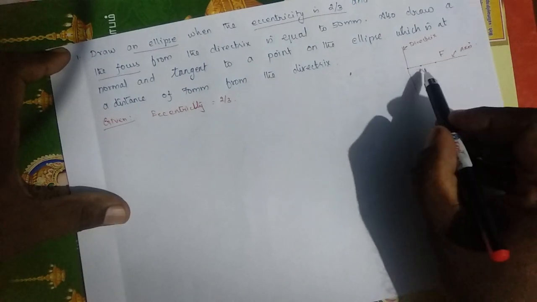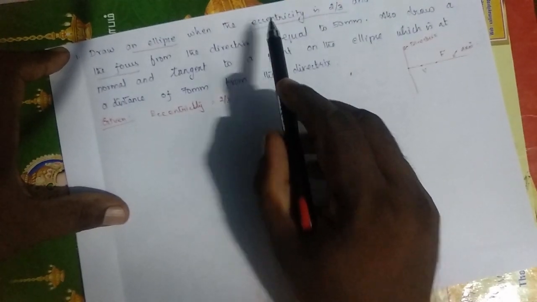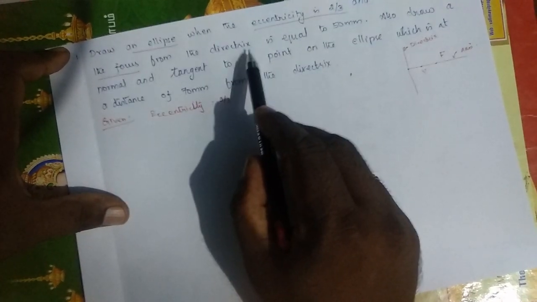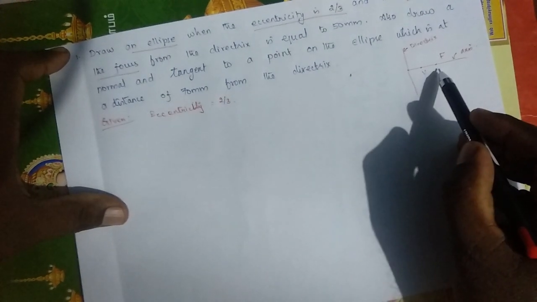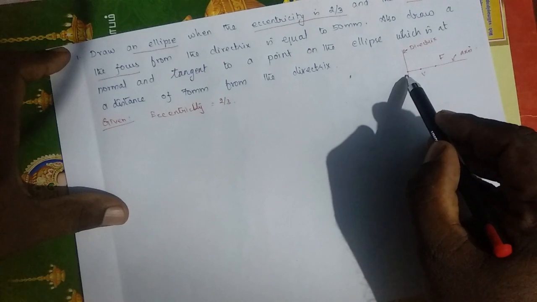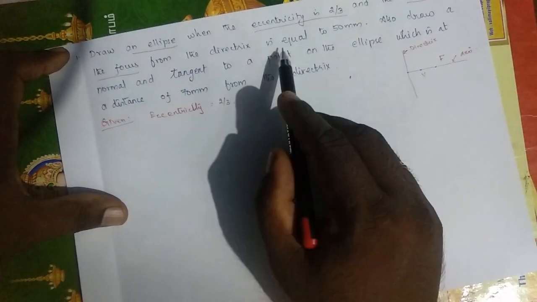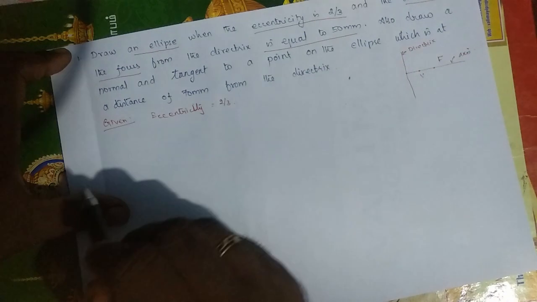This is given in different forms, like eccentricity and then the distance of the focus from the directrix. You may also have the value between the vertex and focus, or the distance between the vertex and directrix, whatever distance is given. But for us, in this problem, the distance between the directrix and the focus is 50 mm.